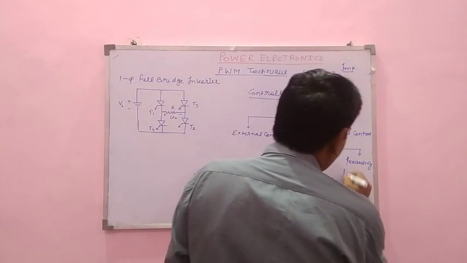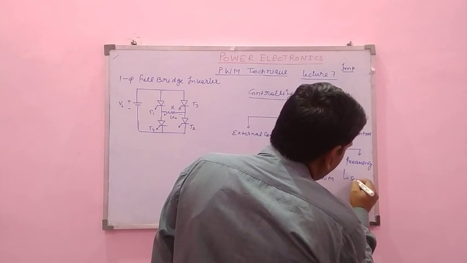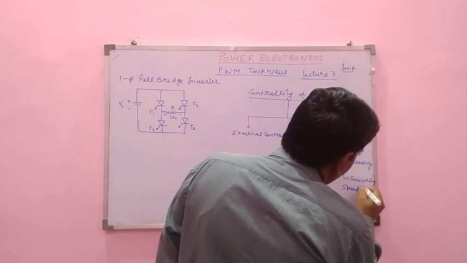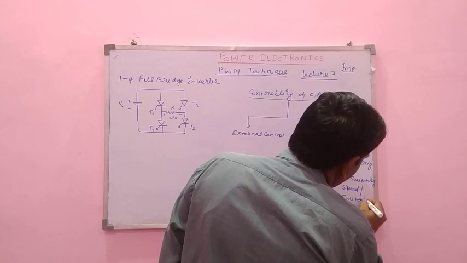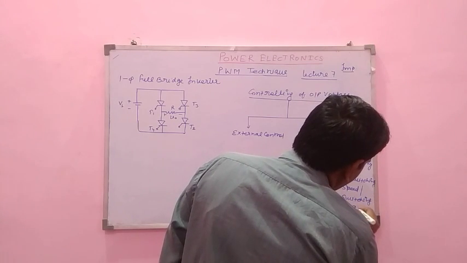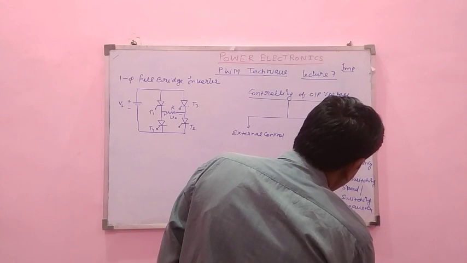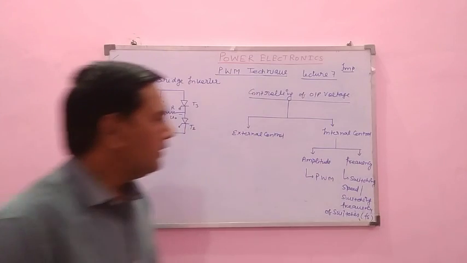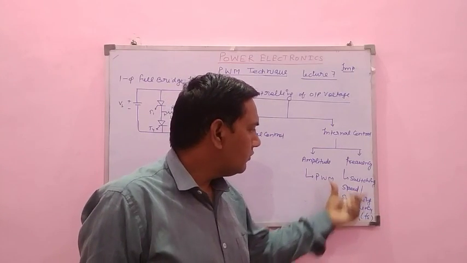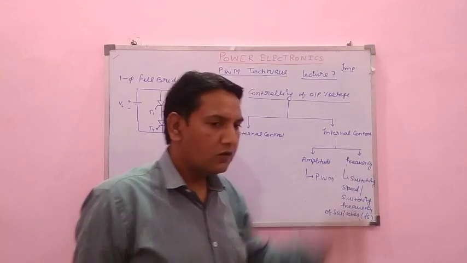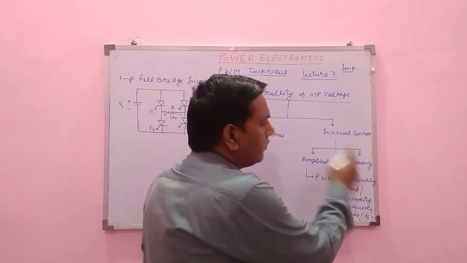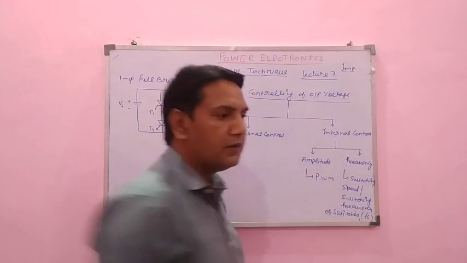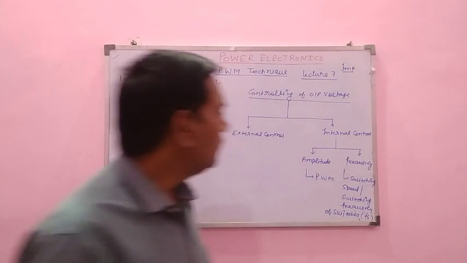To control the frequency, we can control the switching speed or switching frequency of switches, that is f s. Meaning if we control the switching frequency or switching speed, we control the frequency, but it is not the solution to control the amplitude, because after controlling the frequency we cannot control the amplitude. So to control the amplitude we use the PWM technique.